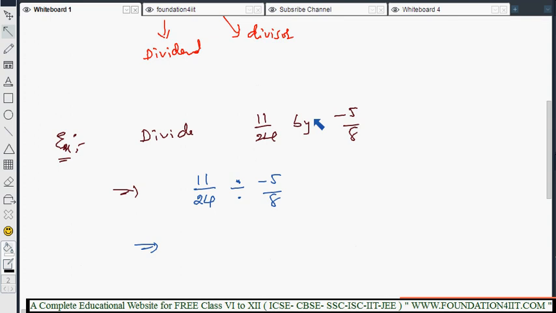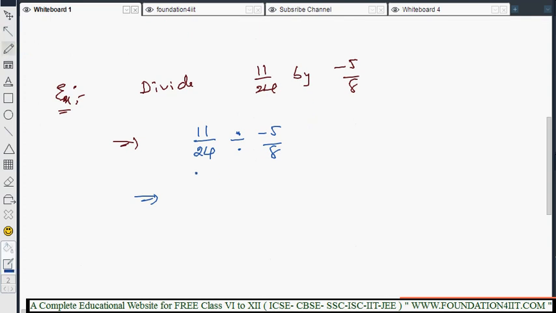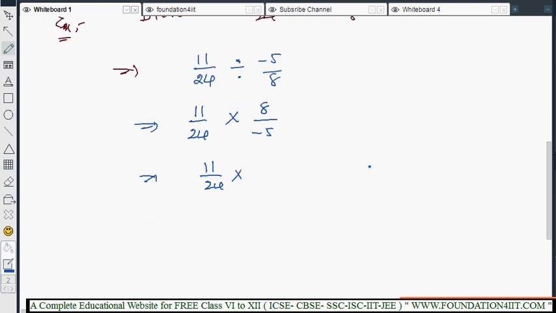The same applies for this question also. That is 11/24 into 8/-5, or -8/5, because the denominator is always made positive.